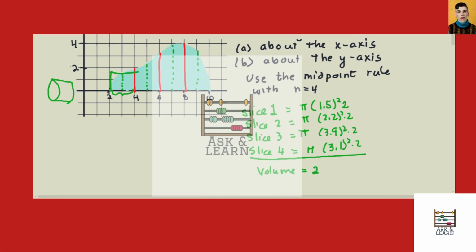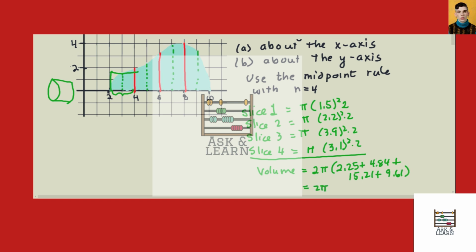They all have a 2 and a pi, so I'll factor that out. So I need 1.5 squared, which is 2.25, plus 2.2 squared, which is 4.84, plus 3.9 squared, which is 15.21, plus 3.1 squared, which is 9.61.